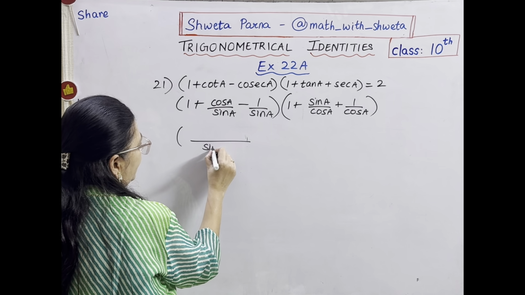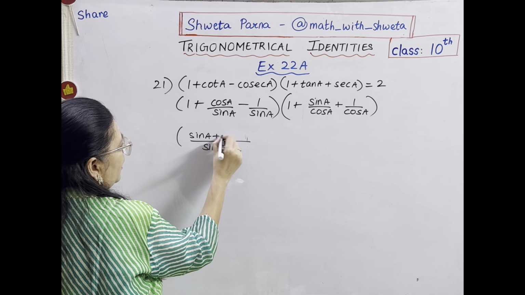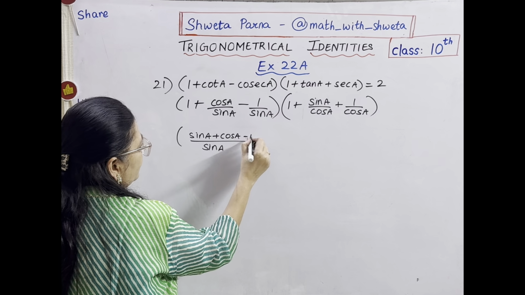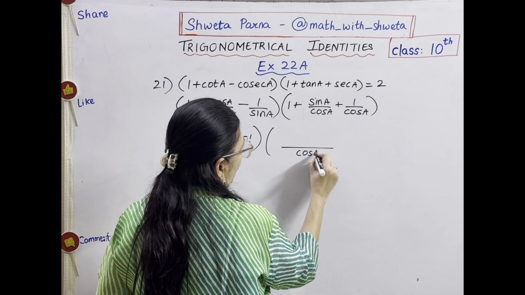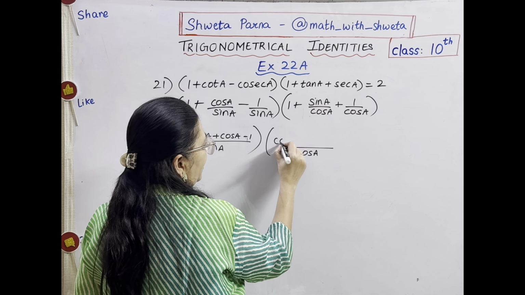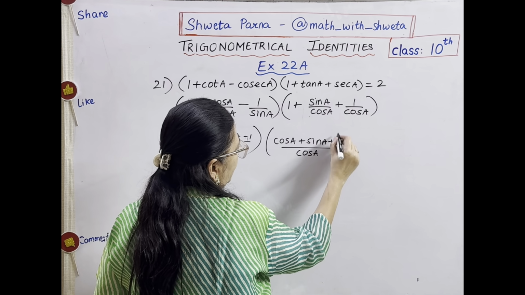LCM would be sin A. So here you will have to multiply sin A plus cos A minus 1. LCM is cos A. So here you will have to multiply cos A plus sin A plus 1.